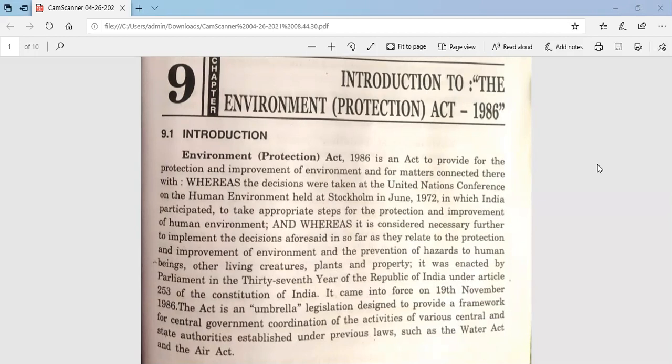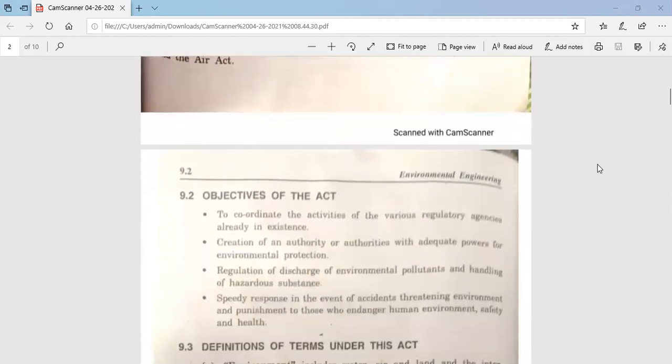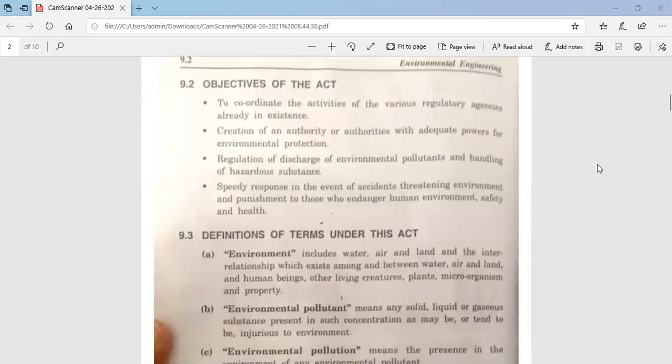So this act is an umbrella legislation designed to provide a framework for the central government to coordinate the activities of various central and state authorities established under previous laws such as the Water Act and the Air Act. Right? So what are the objectives of this act? First is to coordinate the activities of the various regulatory agencies already in existence.